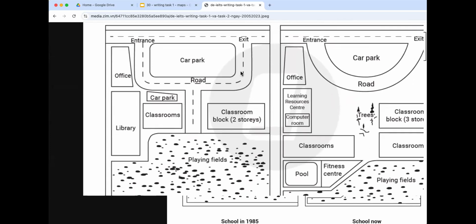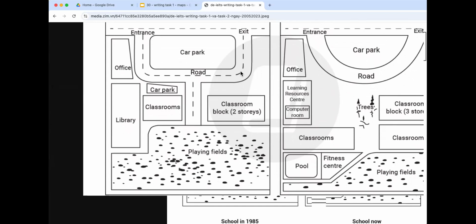Okay, now let's look at the maps one more time. First, just find out what has changed now. What has changed now?